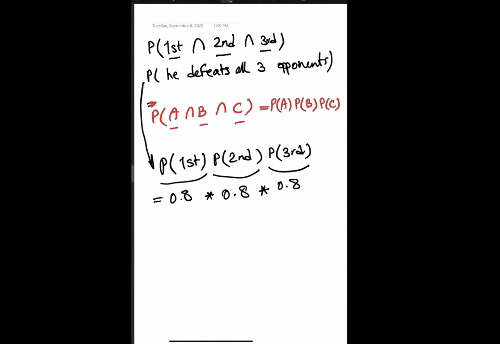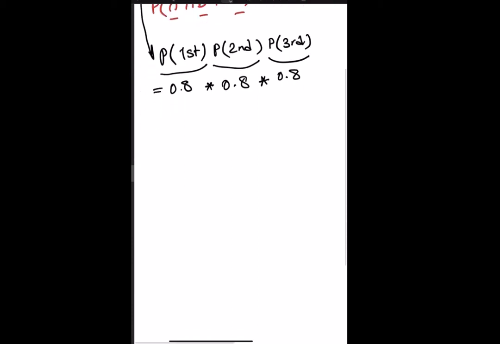And part B says, what is the probability that the player defeats exactly 2 opponents? So this is opponent 1, opponent 2, opponent 3. What are the scenarios in which I defeat exactly 2 opponents?